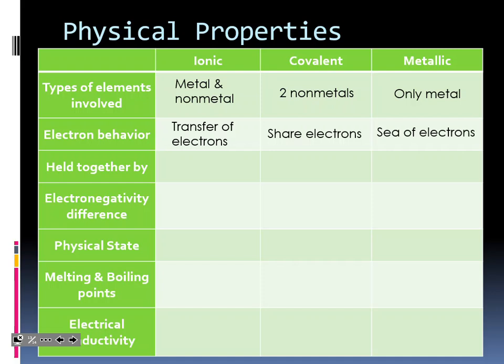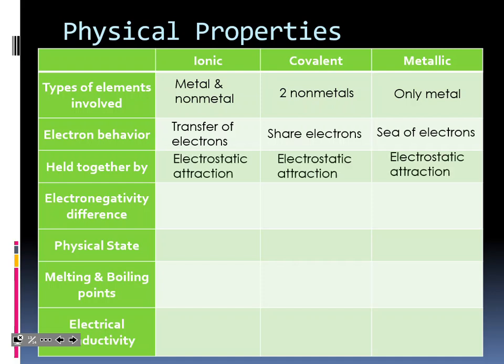Now, they're all held together, yes, by electrostatic attractions. The ionic compounds have a full charge on them, so their electrostatic attraction is quite high in terms of strength. Covalent compounds, you're sharing the pair of electrons between the two nuclei and the electron clouds. So you do have some attractive forces, like he said in the video as well, that each nucleus is attracting electrons from the other atom.